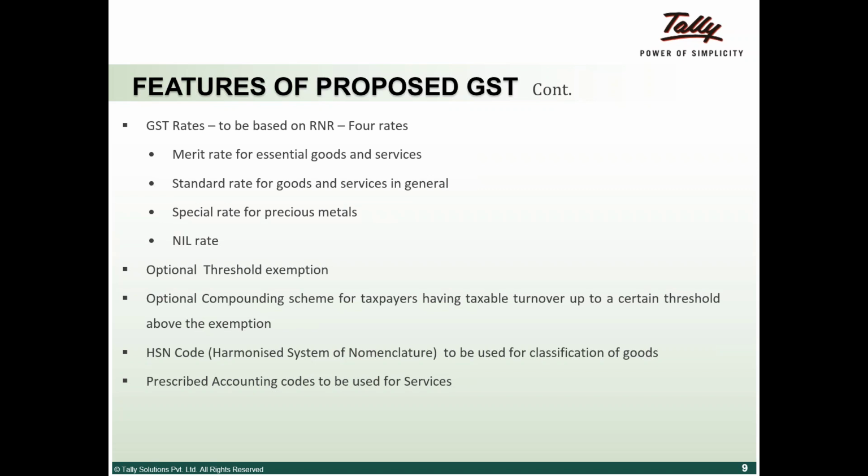Things like perfumes and things of the sort, which are for the people who have a lot of money, so they are putting that under the category of special rates, and also the nil rate that we spoke about earlier, which is 0 rate on things like what you export.